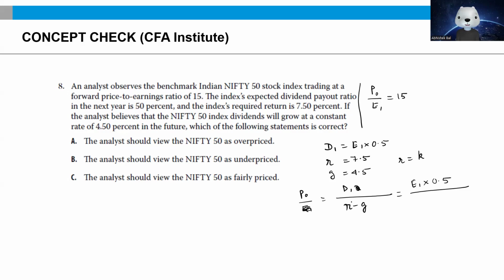P0 is equal to D1 by R minus G, which tells us that if we use this P0 by E1, this will become 0.5 divided by R, which happens to be 7.5%, minus G, which is 4.5%.